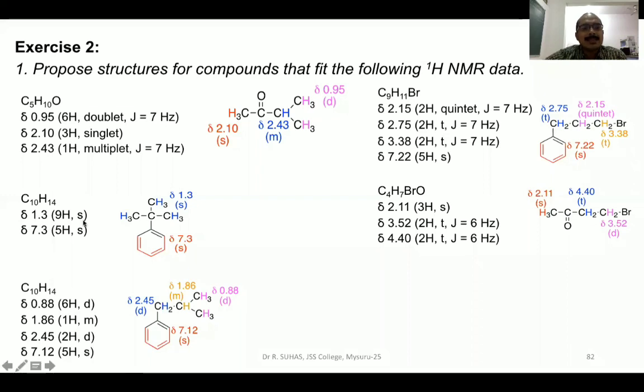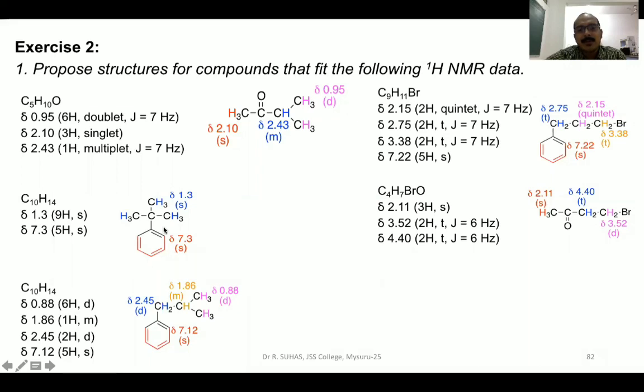In benzene there are 3 unsaturations, 1, 2, and 3, and the ring is also considered as one unsaturation, and hence the DBE is 4, that is satisfied. So 7.3 delta, 5H singlet. 5H, that means in benzene there will be 6 protons, but he is telling 5.